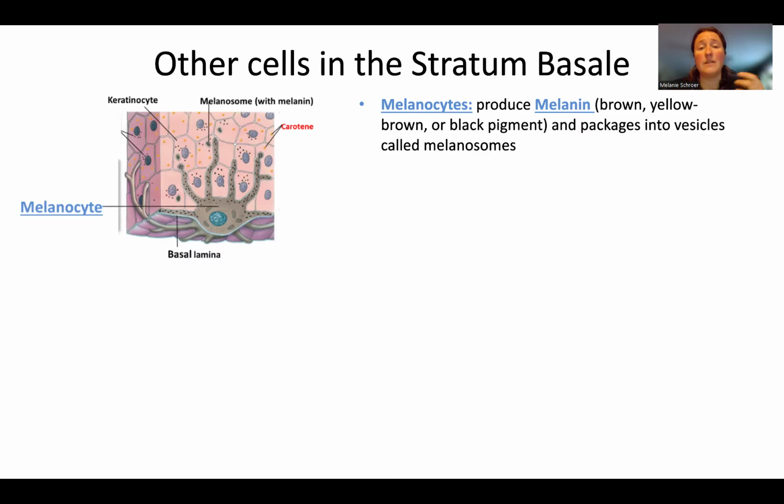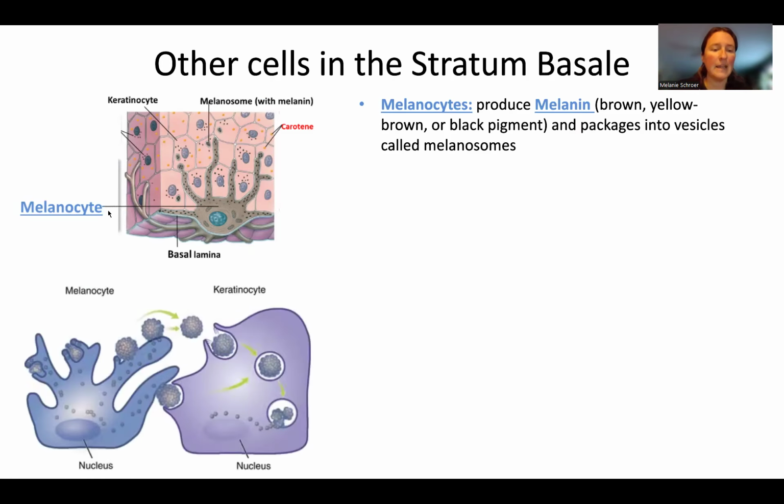Essentially these melanocytes are actively synthesizing melanin, this pigment, packing it into little vesicles called melanosomes, and releasing those melanosomes, which are then taken in by the keratinocytes.